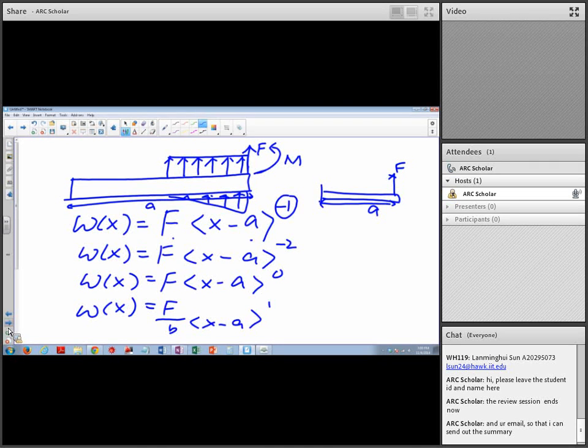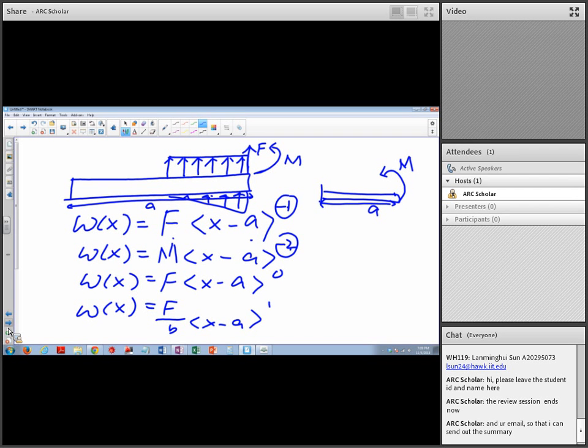So now I change the singular force to a moment M. It's going to be the same, just change the force to the moment and the power to -2. So it's kind of easy to remember. When it's a moment, it's -2; when it's a singular force, it's -1.